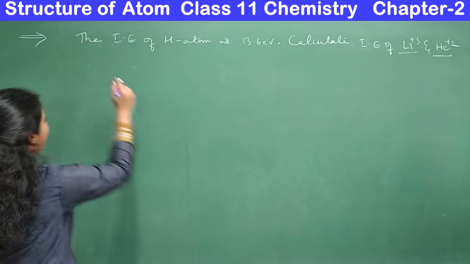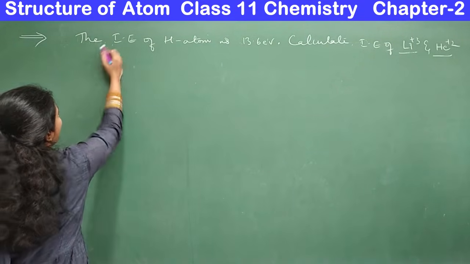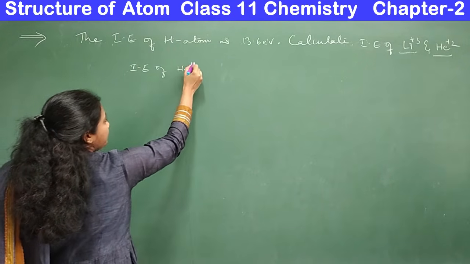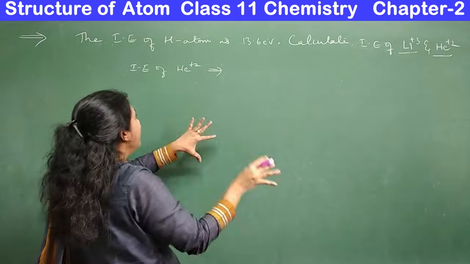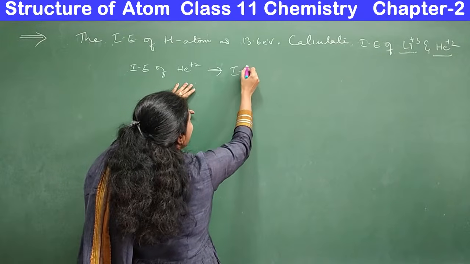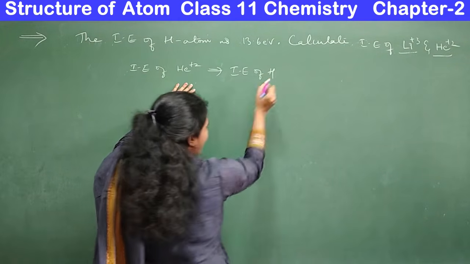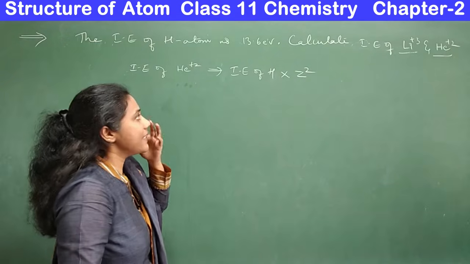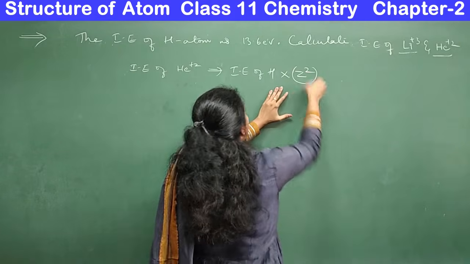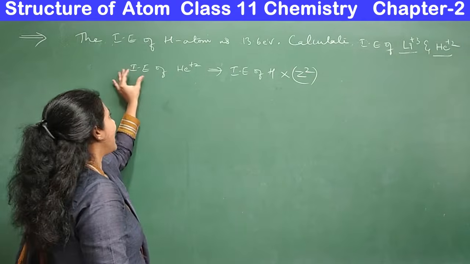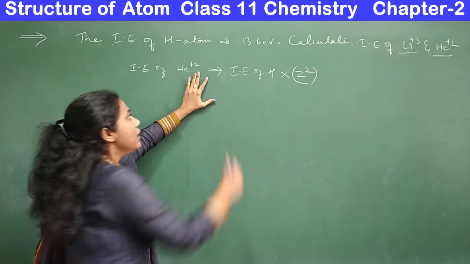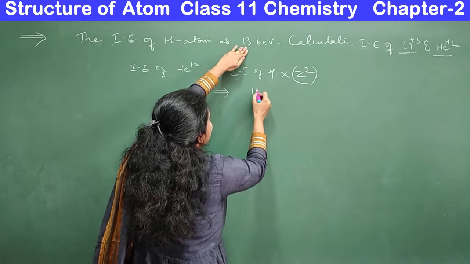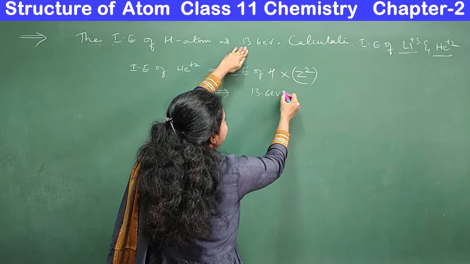It's very easy. First, let me calculate the ionization energy of He plus 2. You can simply use the formula: ionization energy of hydrogen into Z square. The ionization energy of hydrogen is given, 13.6 electron volt, into Z square.